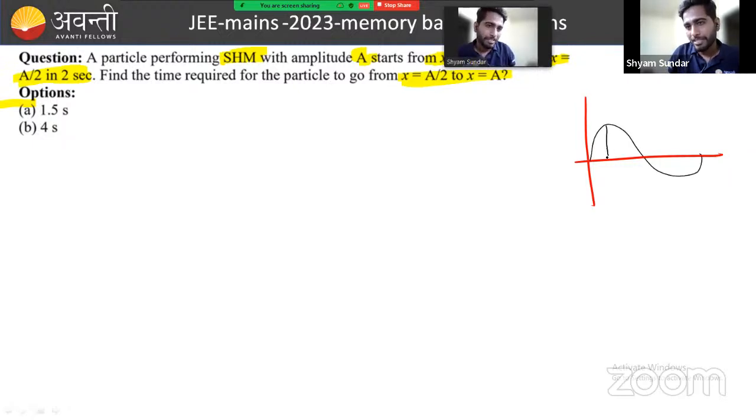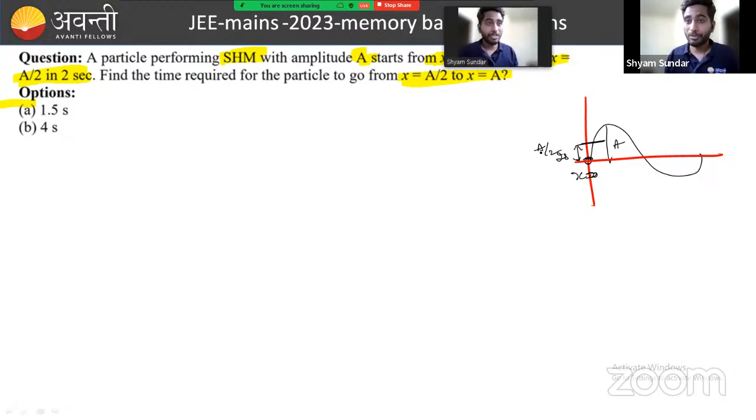We know that this is the amplitude A. They have given that this particle is doing simple harmonic motion. It starts from x equals 0, meaning the origin. It takes 2 seconds to reach the amplitude A by 2.